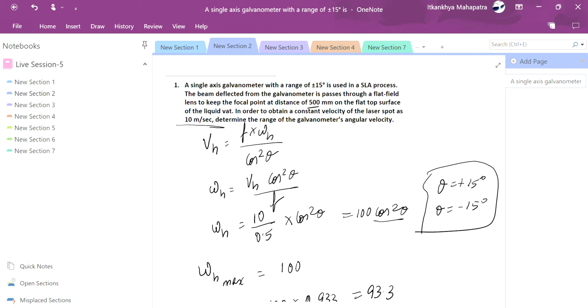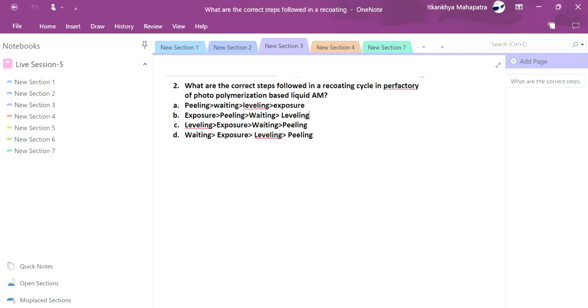Moving on to the next question, which is the topic of discussion, the different types of liquid additive manufacturing process. What are the correct steps followed in a recoating cycle in Perfactory of photopolymerization based liquid additive manufacturing?